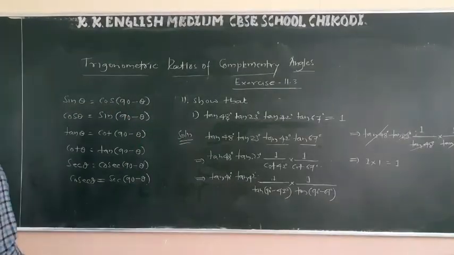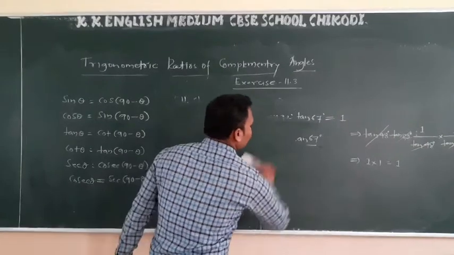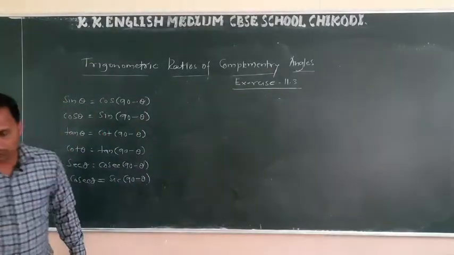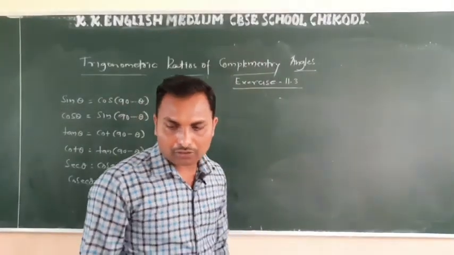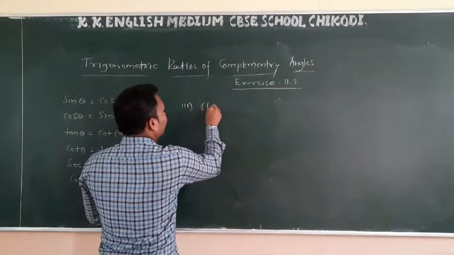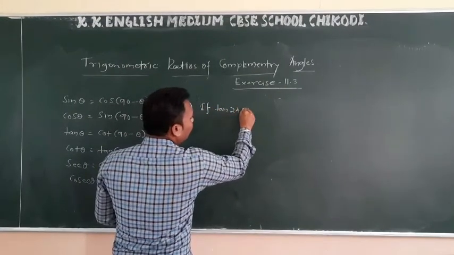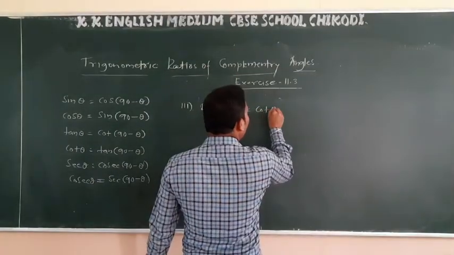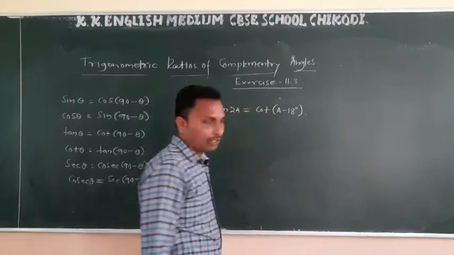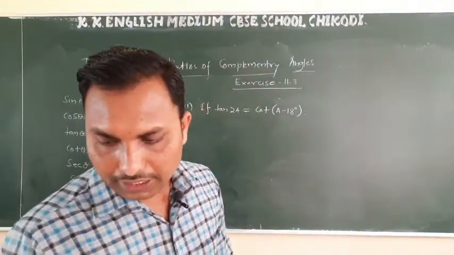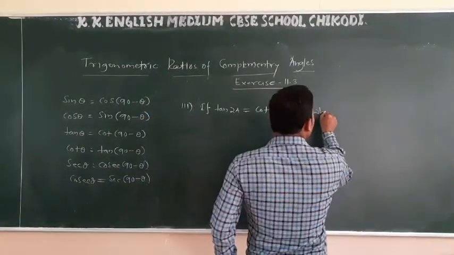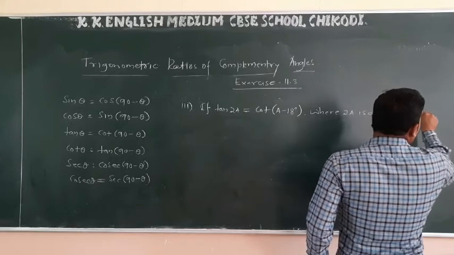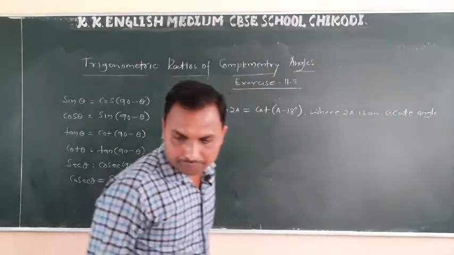The third one: if tan of 2a is equal to cot of a minus 18, where 2a is an acute angle, find the value of a.